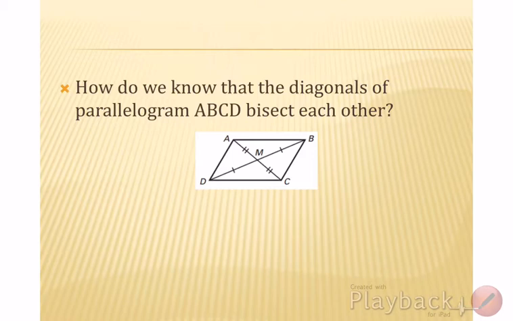If opposite sides of the parallelogram are the same length, or if they're congruent, then where that ends here and here, and where that ends here and here, the distance across is going to be the same.